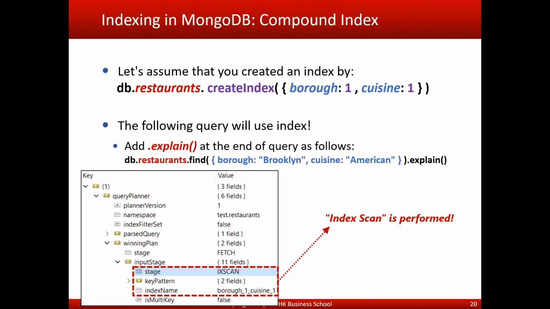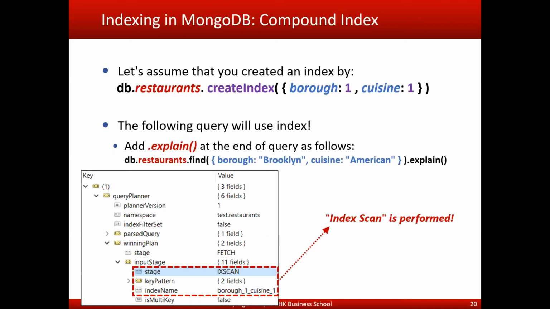If you want to know whether your query will utilize the index or not, at the end of the query you can simply add this explain function. It will provide you more information about how your query is performed. Under the input stage, there is a stage field, which specifies whether an index or a collection scan is used.